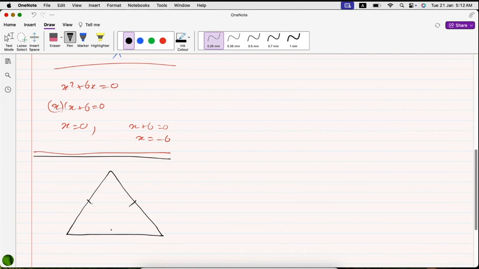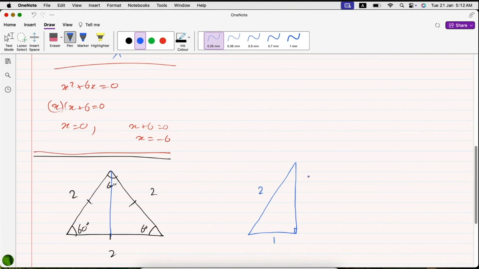If this is equilateral and this is 2, we know that all three of them would be 2 and all the angles will be 60 degrees. Now my desired triangle is half of this. Half of this. So base now becomes 1.